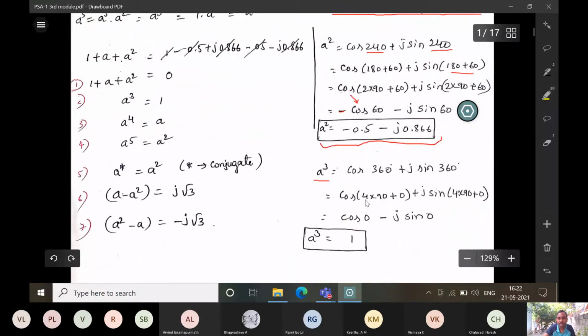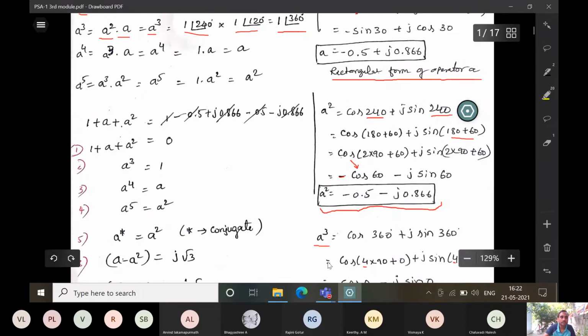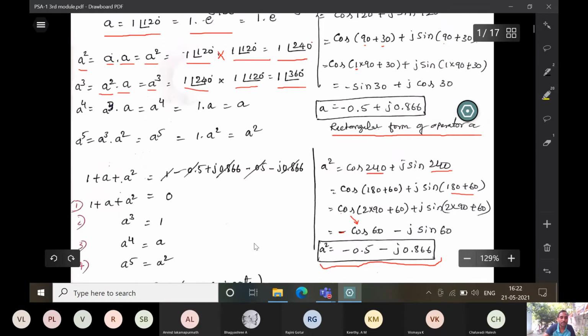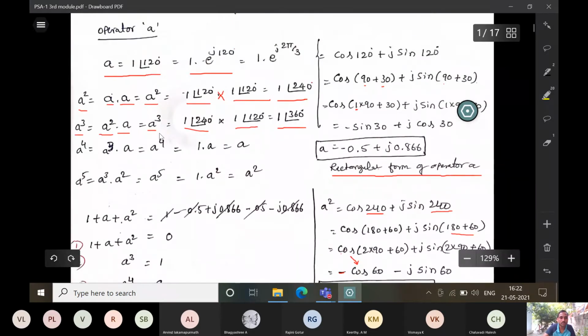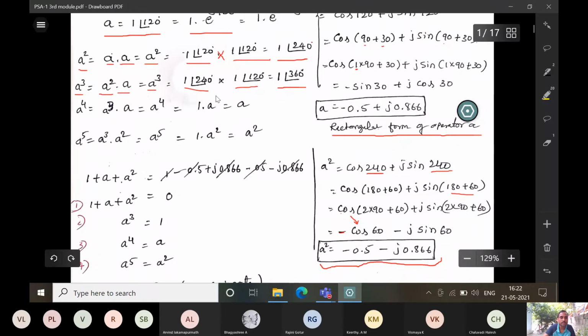So 360 can be written as 4 into 90 plus 0. This is an even number, so there is no change. This becomes cos of 0 plus j sine of 0. So a cube becomes 1, right? Therefore a cube is always equal to 1.